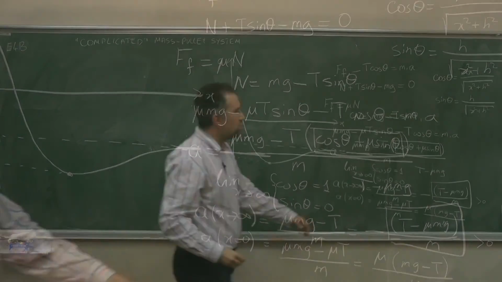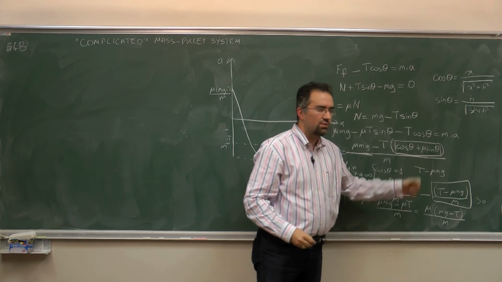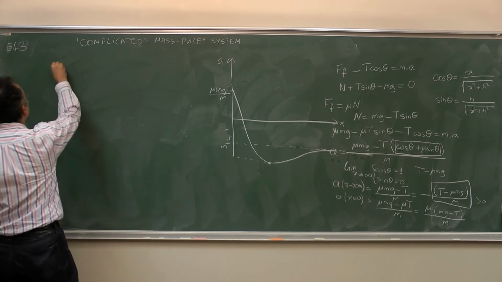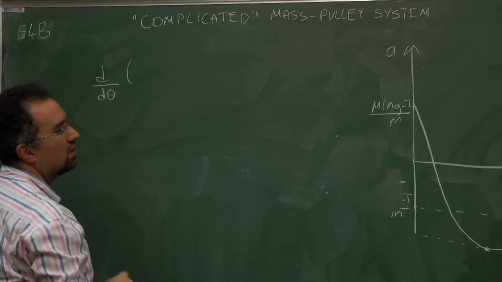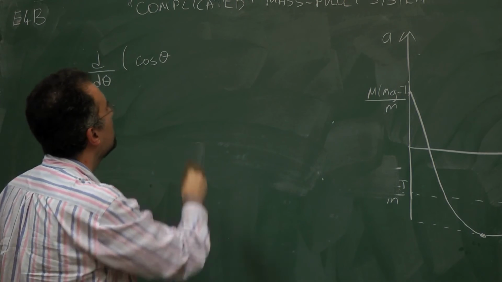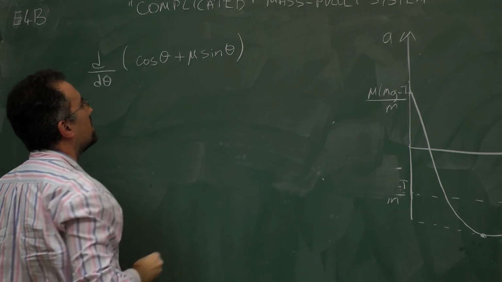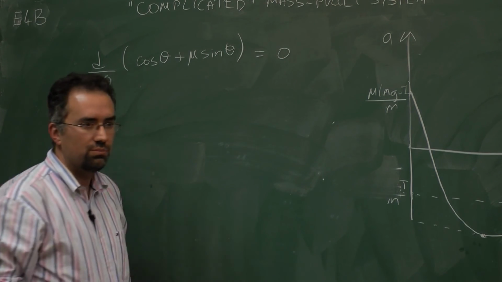So all I have to do is find where the maximum of this thing is. So I just need to take the derivative with respect to theta of cosine theta plus mu sine theta, and I'm going to set that equal to 0.